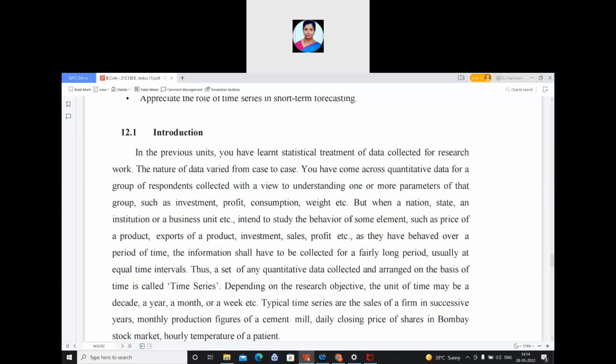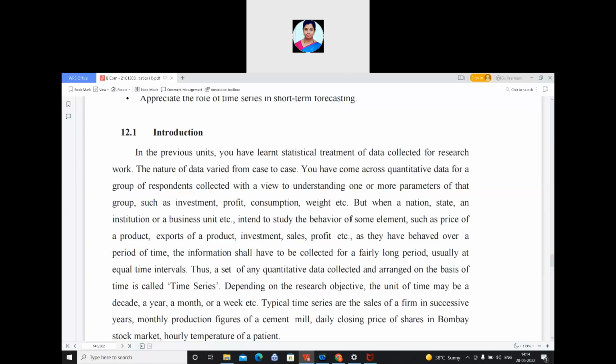The behavior differs over a period of time, so the information shall be collected for a fairly long period, more than 10 years, more than 20 years.